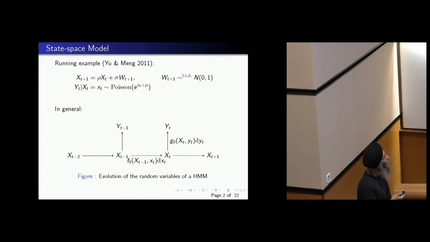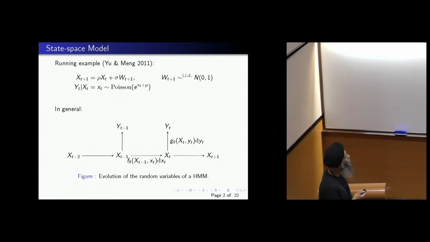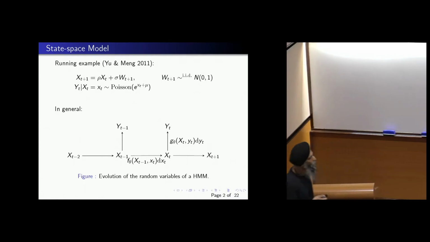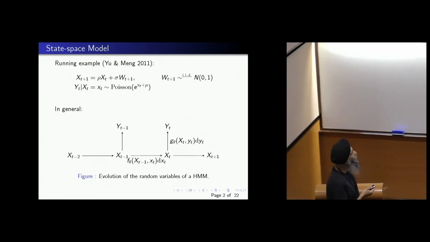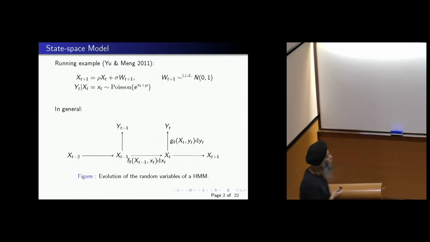The X process evolves according to a transition probability density: the new value xt is drawn from a density f subscript theta, indexed by its old value, and it's a density in the second variable, little xt, with respect to whatever your dominating measure is, Lebesgue, why not? Then once you've generated xt, you generate yt, the observation. It only depends on the value of x at that time, and it's drawn from a density indexed by the current value of x as well.